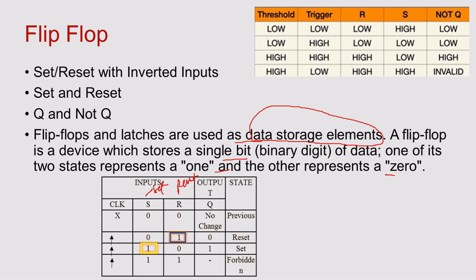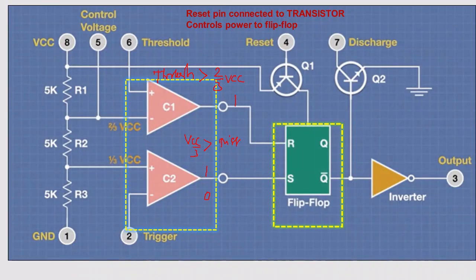If both are 0, 0, you have the previous state, that is no change. If both are 1, 1, you have an invalid state. I am repeating again: if set is 1, Q will be 1. If reset is 1, Q will be 0. This is very important. This logic is very important to understand the functional diagram.